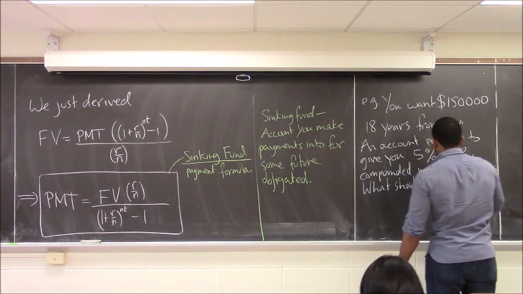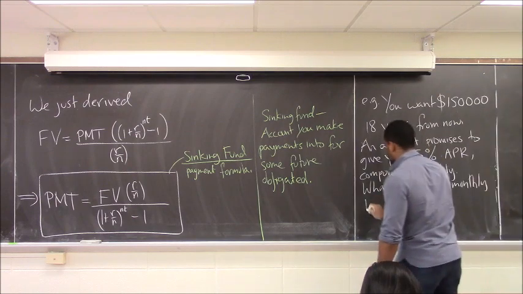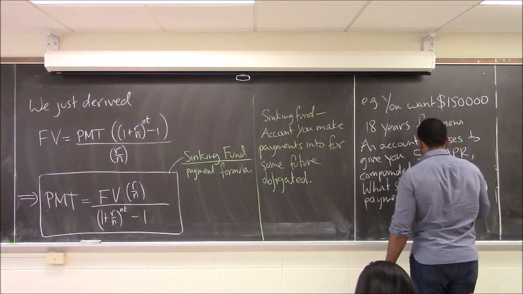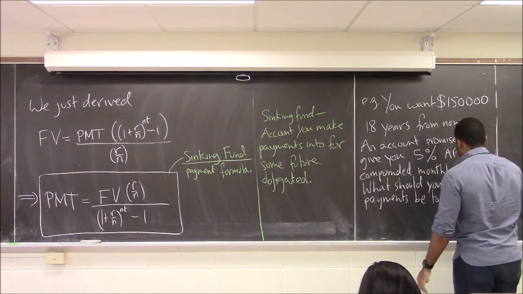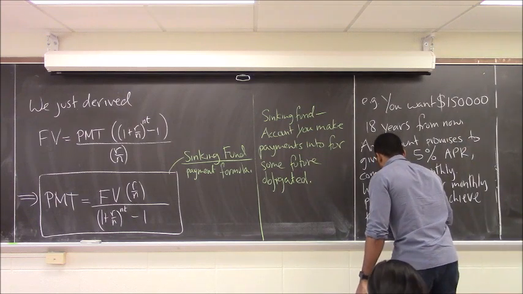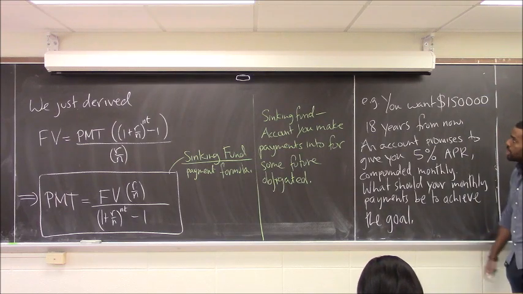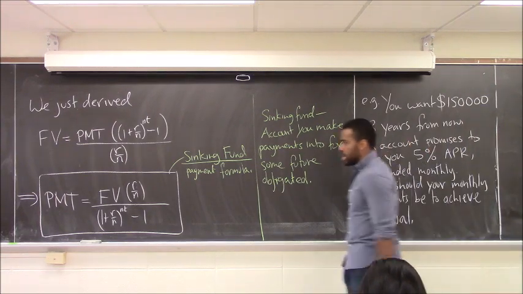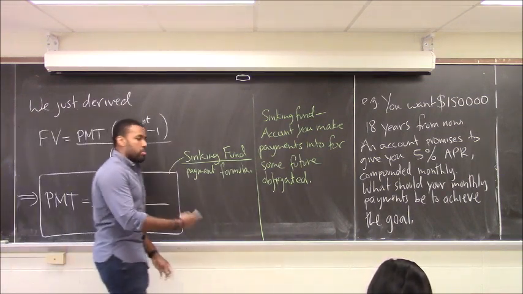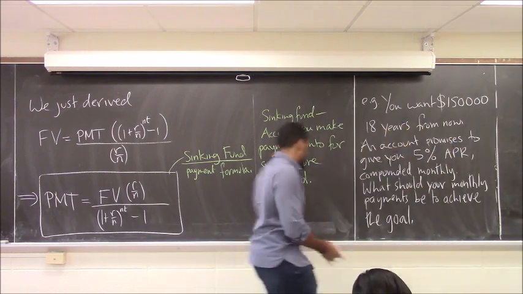What should your monthly payments be? So you start with a goal in mind. I want to have $150,000 socked away 18 years from now. I'm going to open the account and withdraw it, and I better have $150,000 in there. What are the monthly payments I need to be paying now so that in 18 years, that's how much money will be in the account?